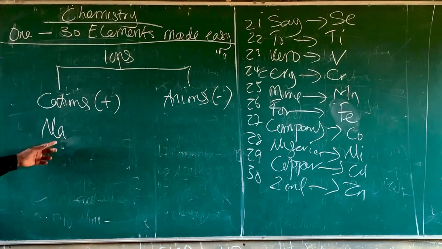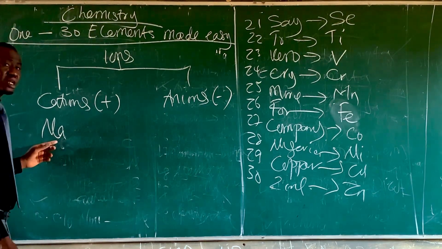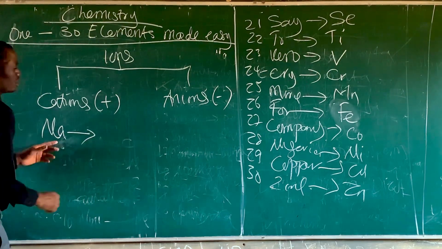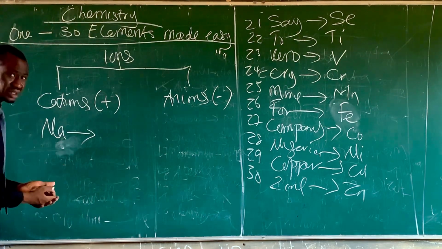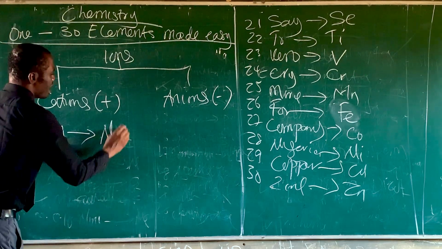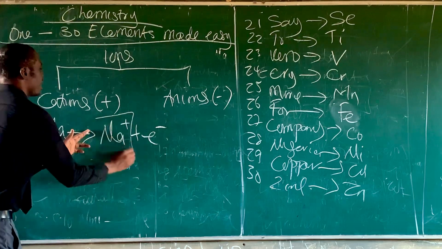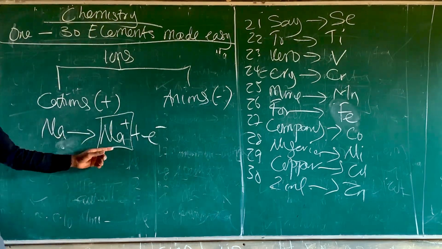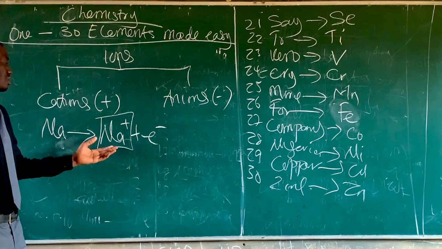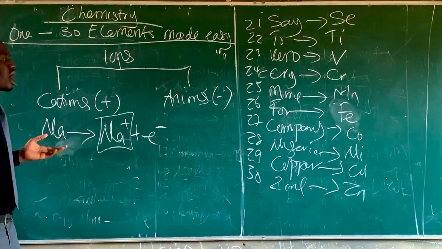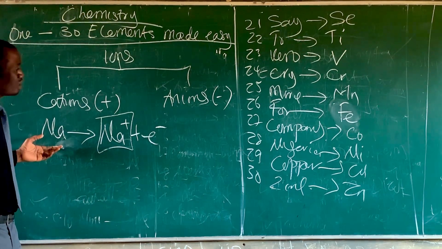Sodium is written Na, natrium, because of the Latin name. Sodium can become ionized, and when it becomes ionized, it will lose an electron. And this guy here is called ionic sodium, in fact, cation ionic sodium. This guy is called an element of sodium, a neutral element of sodium.